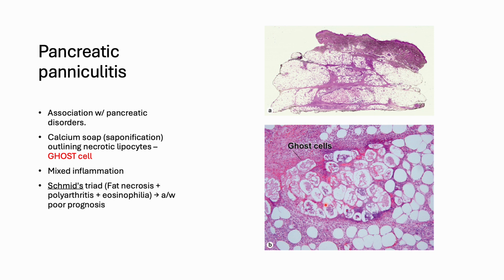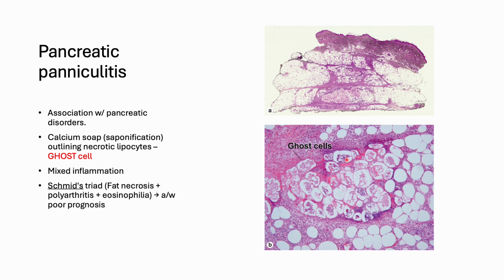The necrotic lipocytes, when they die, leave only those calcifications, and we call them ghost cells. Don't confuse these ghost cells with the pilomatricoma. They are both ghosts, but they have different cells of origin. You can also see there is mixed inflammation. This is the pancreatic panniculitis.